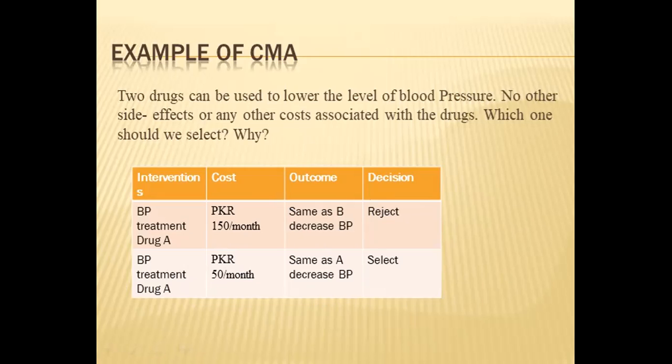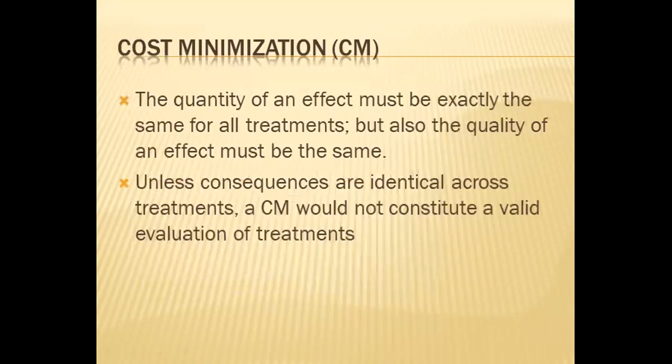Because this is cost effective, we compare the cost of that strategy or healthcare facility and choose the one with the least cost. In cost minimization, the quantity of effect must be exactly the same for all treatments, but also the quality of effect must be the same. Unless consequences are identical across treatments, cost minimization would not constitute a valid evaluation of treatment.